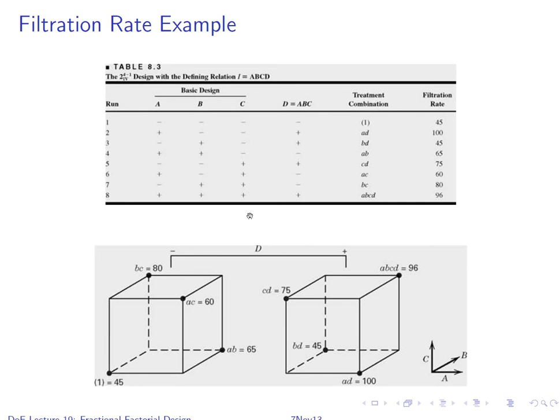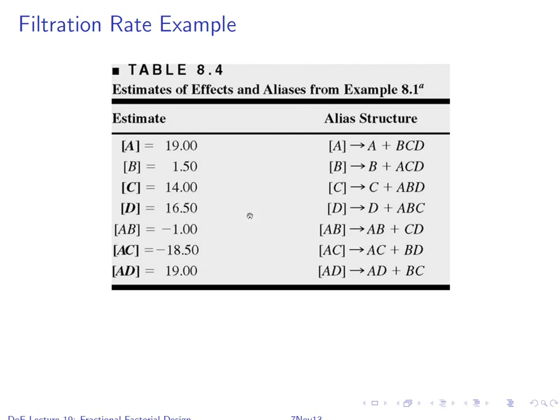So now I'll go once again to the next page, and we see the numerical estimates of the effects on the left-hand side. The estimate of the main effect A is 19, B is 1.5, C 14, and D you see there. And then we have the 2-factor interactions AB, AC, AD shown in the calculated values given. Now, in a resolution 4 design, the main effects A, B, C, and D are aliased, but not with the 2-factor interactions.